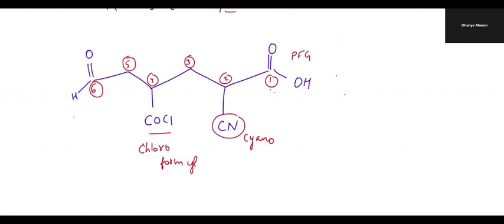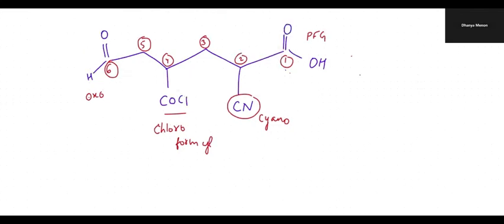And aldehyde, because it's numbered, we use oxo. If it is not numbered, we use formyl. Okay, so at the 4th position, we name it according to the alphabetical order. So 4th position, I have chloroformyl.